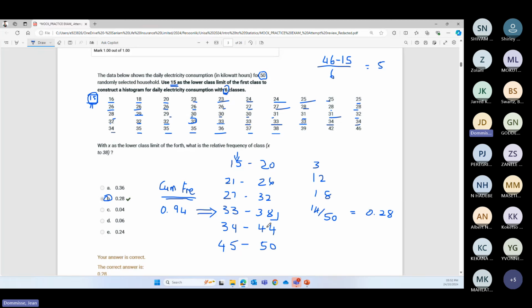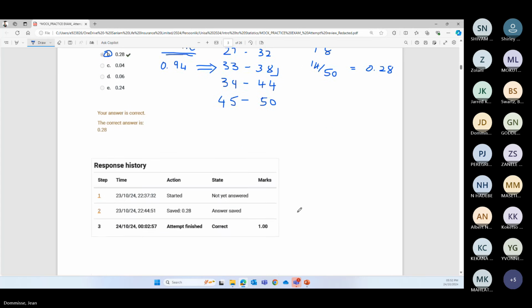So be very careful that they might use some of these questions and change it from correct to incorrect, or change it from the class width versus how many classes. Just be on the lookout for those things.